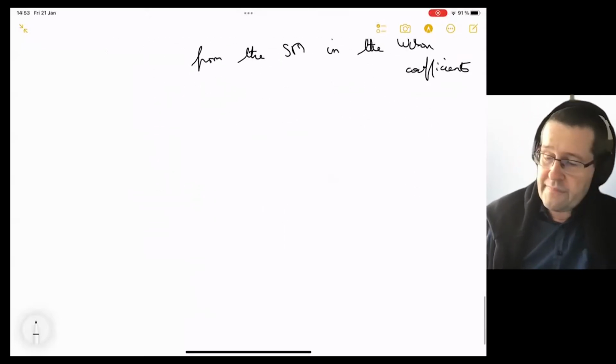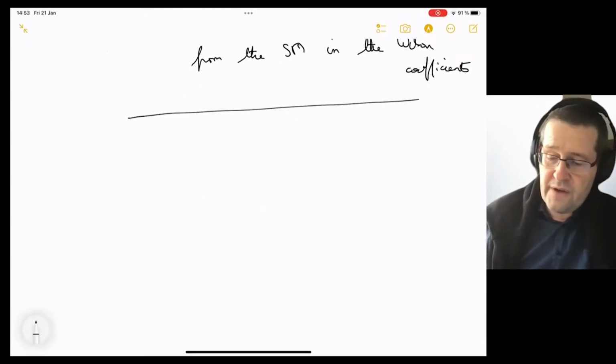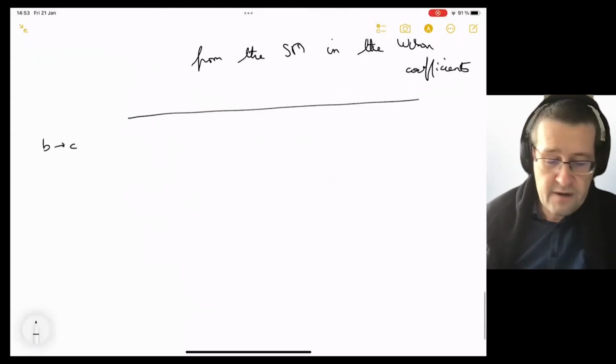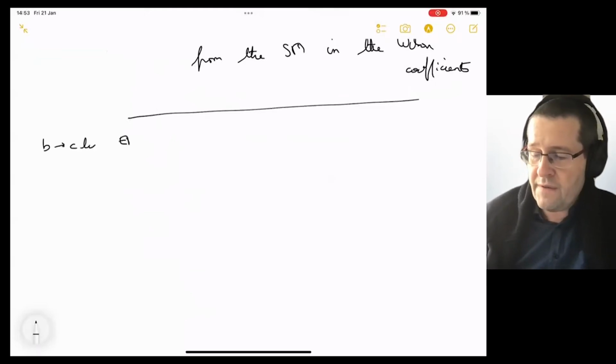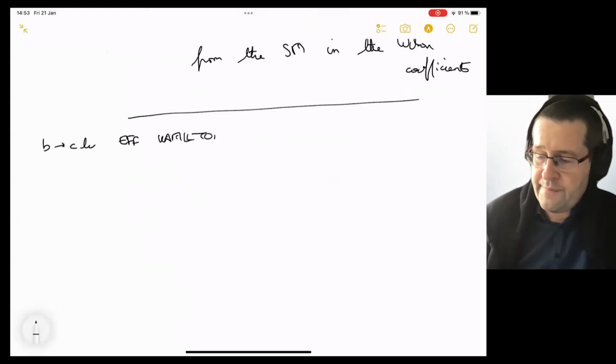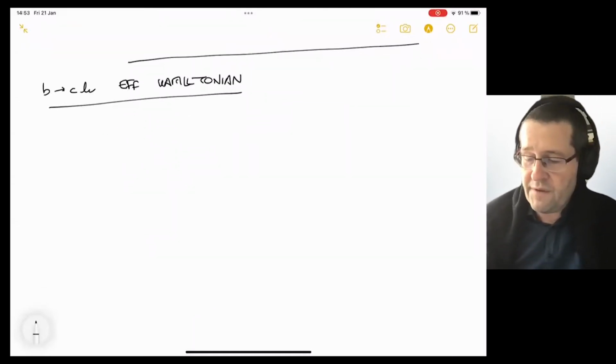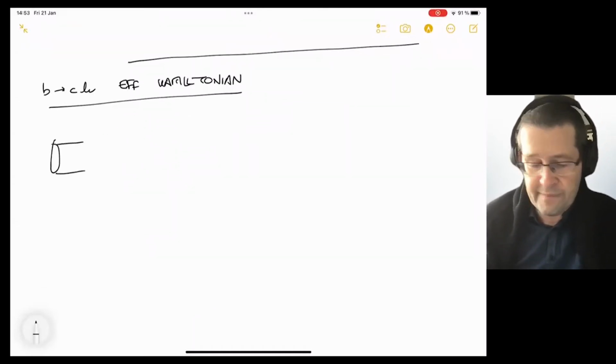Okay, so if you do that, you can think of what would be the effective Hamiltonian that you want to use in order to perform this program.